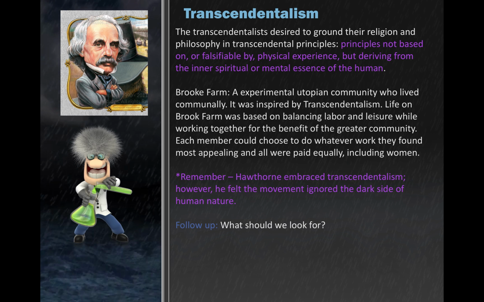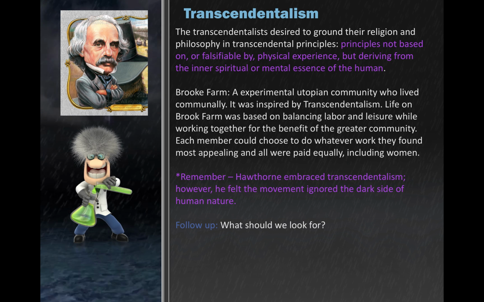It's radical now. Women are still not paid equally. So Hawthorne embraced Transcendentalism in many respects. He just thought that it ignored the dark side of human nature, and that Hawthorne believed you should embrace and look deep into the darkness.